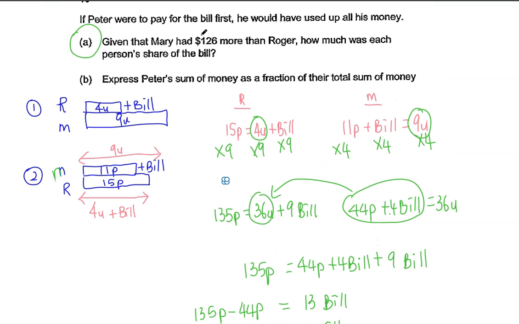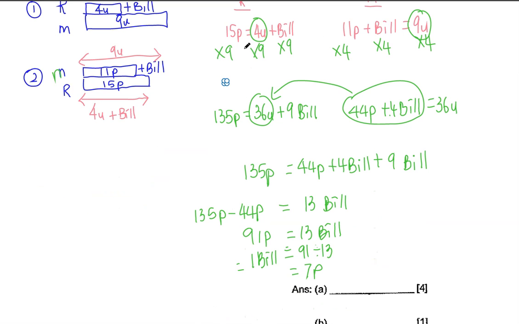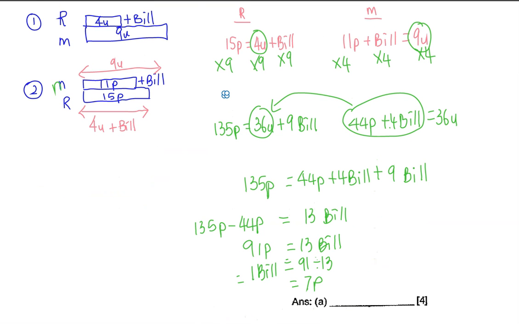Now given that Mary had $126 more than Roger, how much was each person's share of the bill? So now we can write the equation: $126, the difference in the money between Mary and Roger, correct, is actually, okay, for Mary, right, is 11 parts plus bill, correct, and minus Roger, which is 15.